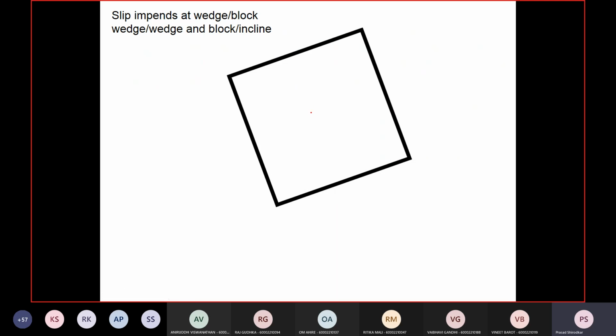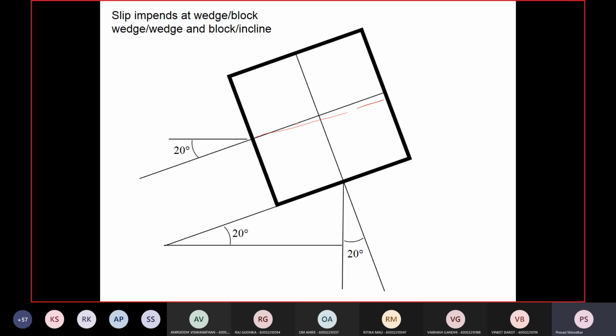So what are the forces acting on this? So I'm going to assume that weight is passing through the center of this block, and that weight is 530 newtons.